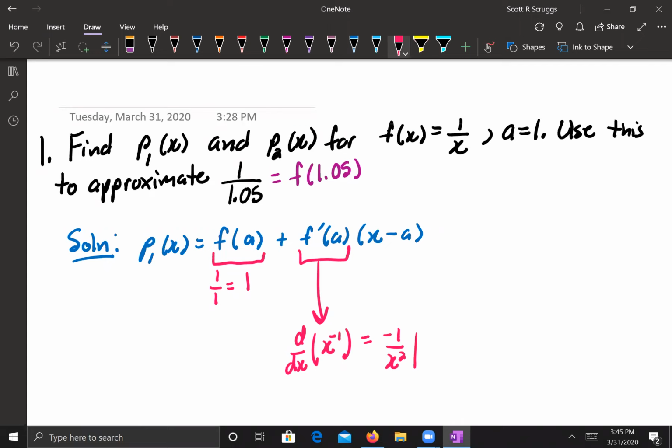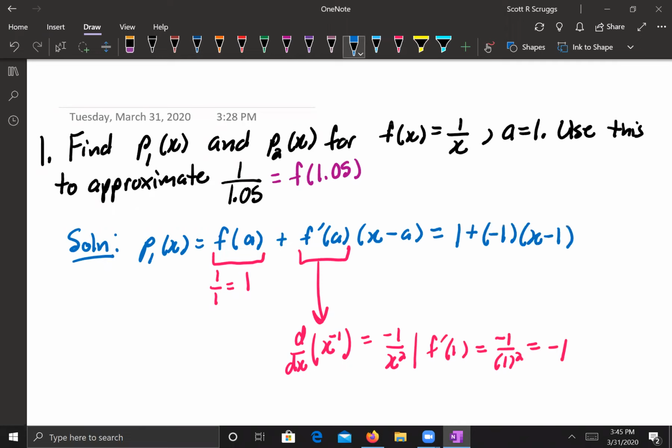So if I plug in the center, which is 1, I get negative 1 over positive 1 squared, so negative 1. That means I get for my final answer 1 plus negative 1 times x minus 1.